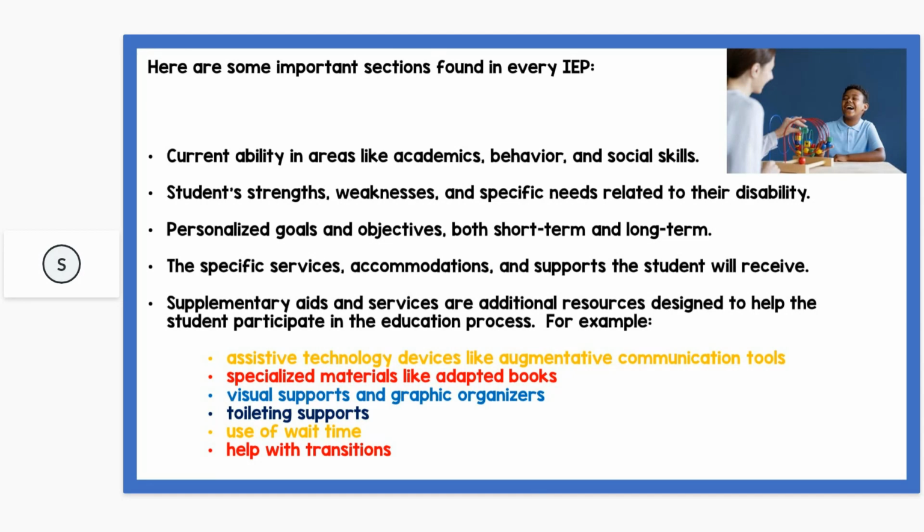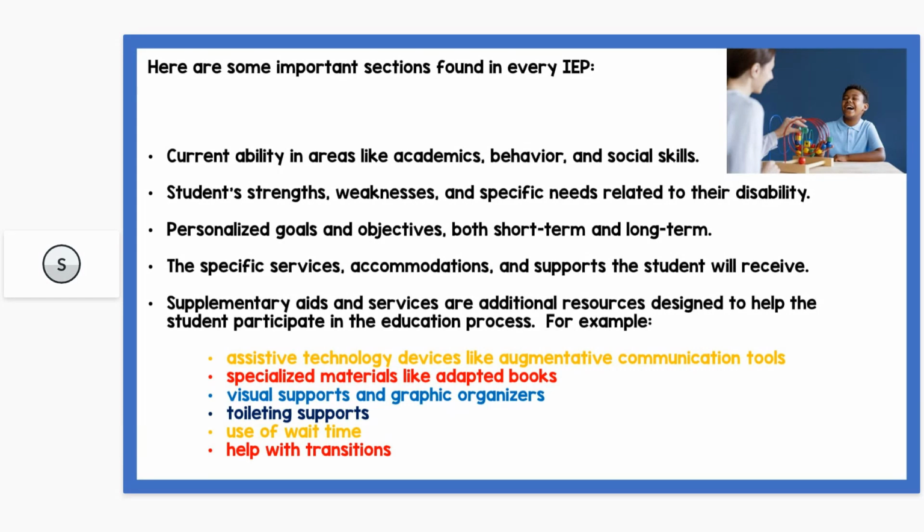What are their academics like? What is their behavior like? What are their social skills like? And additionally, they typically want to know what are their self-help skills like. The IEP also addresses the student's strengths and weaknesses and any specific needs related to their disability.